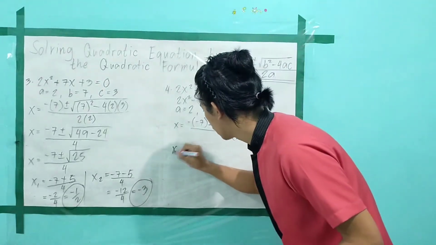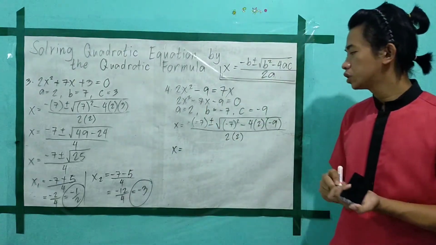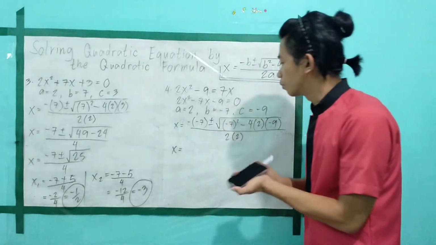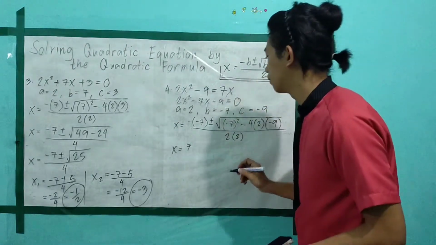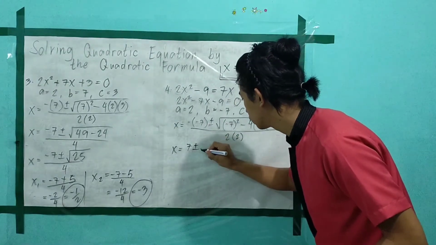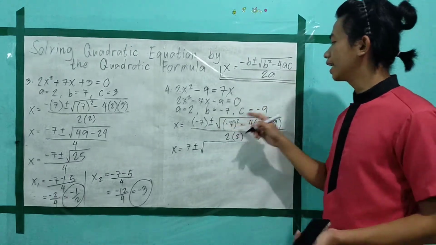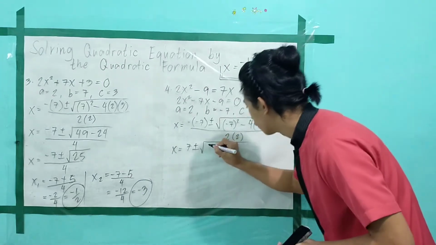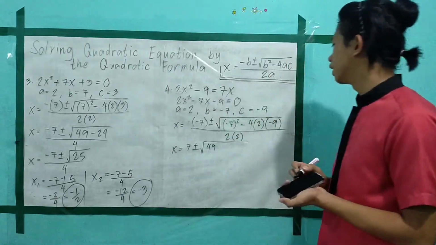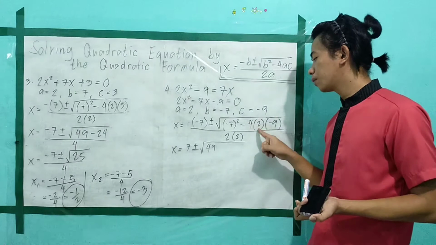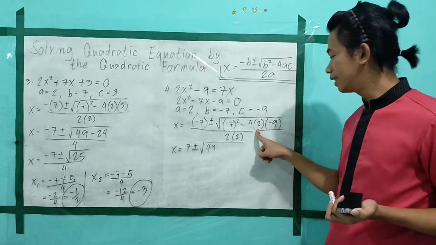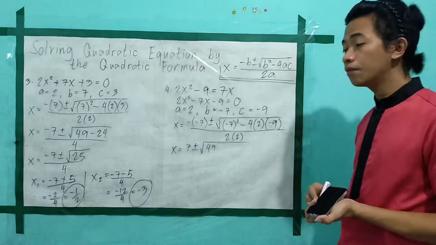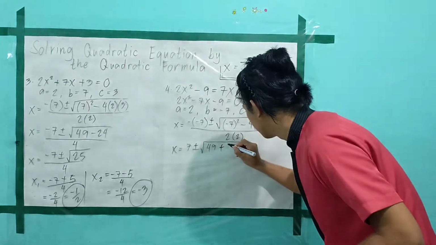Next, x now is equal to, ayan, pagkatapos substitute, syempre simplify natin. Negative multiply by negative 7. So, magkakaroon tayo ng positive 7. Plus, minus, square root of negative 7 square. Negative 7 multiplied by negative 7, we have 49. Then next, negative 4 multiplied by 2, we have negative 8. Negative 8 multiplied by negative 9, we have positive 72.